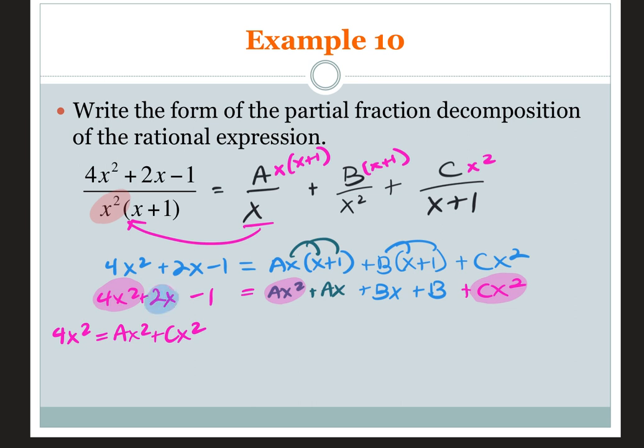So 2x on the left side of the equal sign is going to equal ax plus bx. And then the last one is your constant. Negative 1 is going to equal b. With me so far?